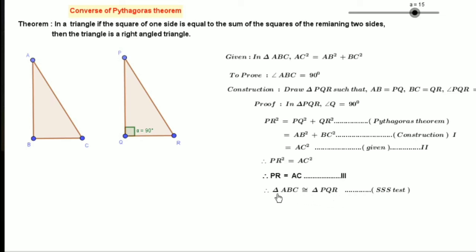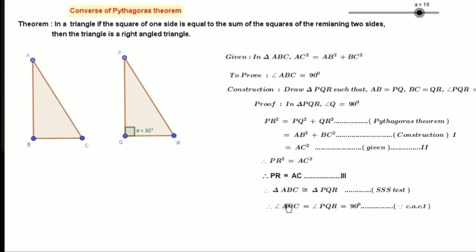So if two triangles are congruent, then their corresponding elements are also congruent. Considering corresponding angles, angle B's corresponding angle is angle Q. The measure of angle Q is 90 degrees. It means that the measure of angle B is also 90 degrees, because corresponding angles of congruent triangles are congruent.